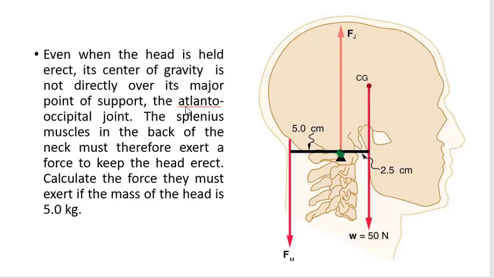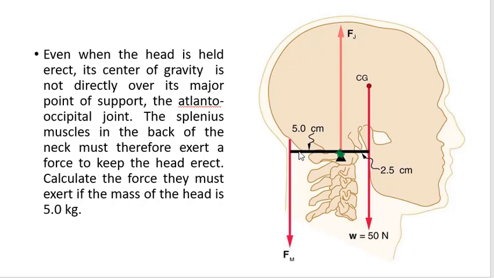Its major point of support is the atlanto-occipital joint. The splenius muscle in the back of the neck must therefore exert a force to keep the head erect. Calculate the force they must exert if the mass of the head is 5.0 kilograms.